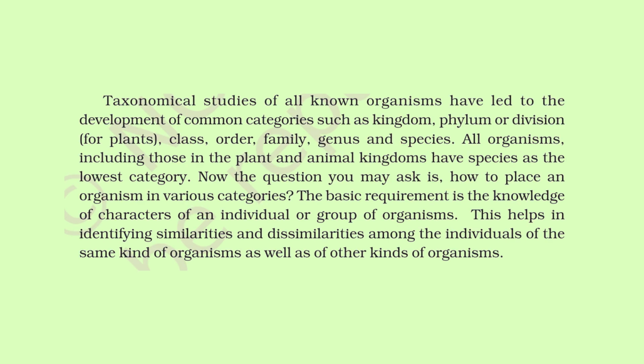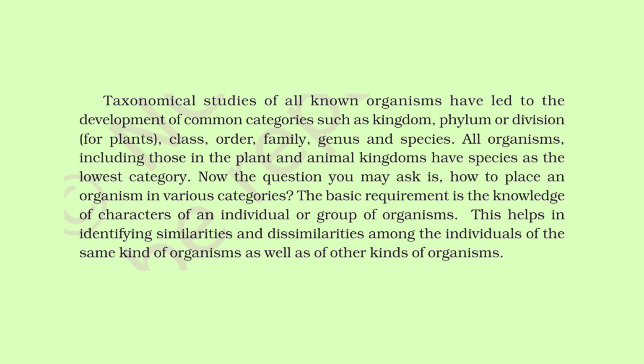Taxonomical studies of all known organisms have led to the development of common categories such as kingdom, phylum or division for plants, class, order, family, genus, and species. All organisms, including those in the plant and animal kingdoms, have species as the lowest category.